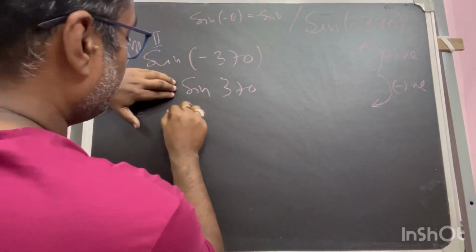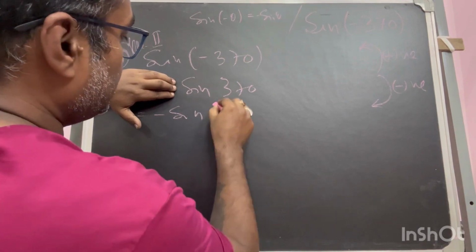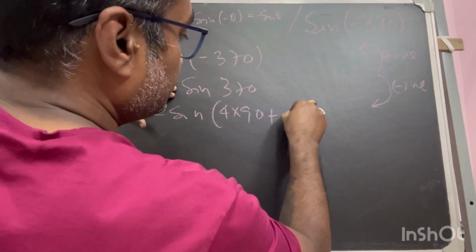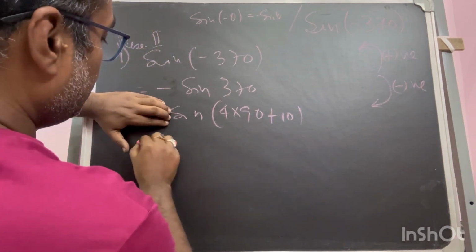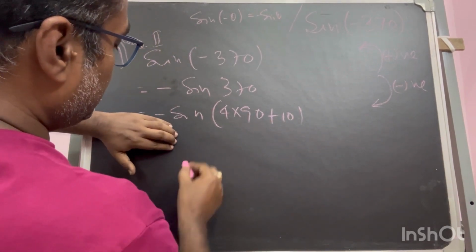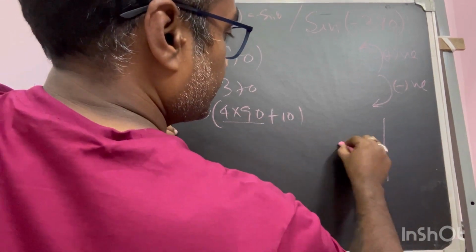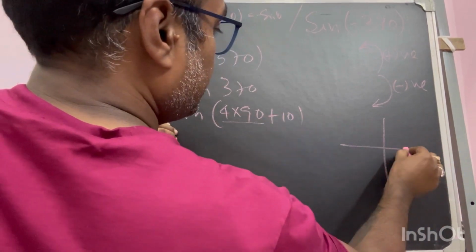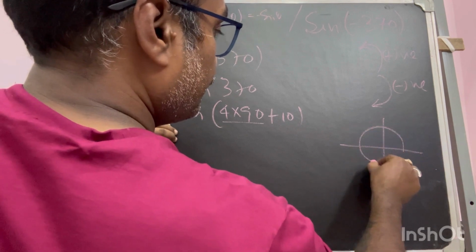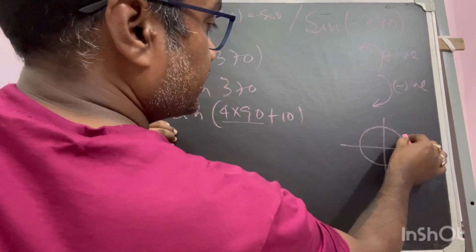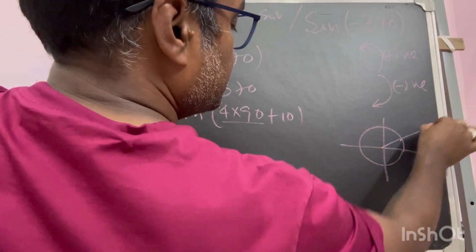So sine of this can be written as 4 into 90 plus 10. Okay, so the minus will continue. So 4 into 90, that means it is anti-clockwise. I am going 4 into 90, then plus. So that means it is going in the same direction, anti-clockwise, and the final position is this one.